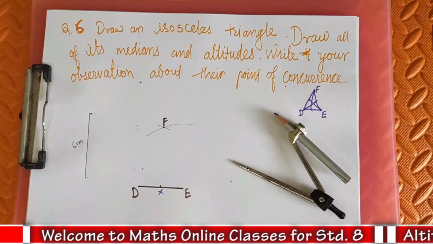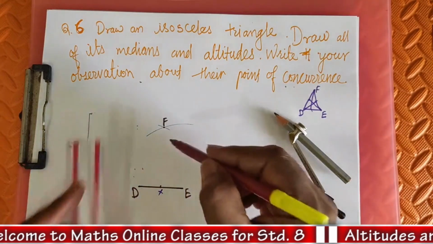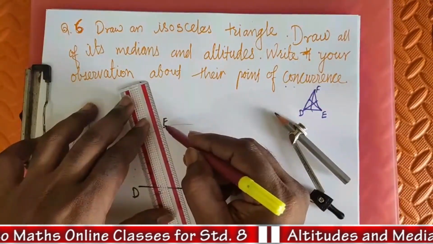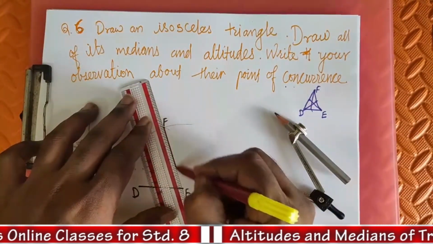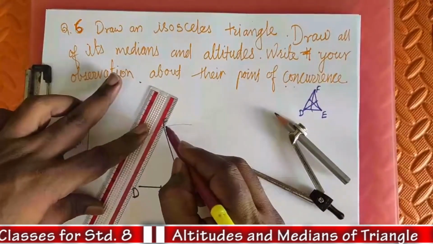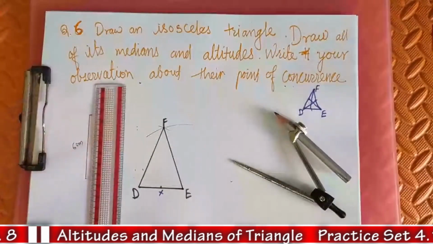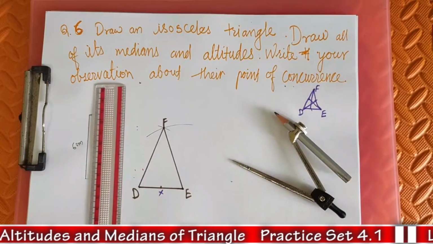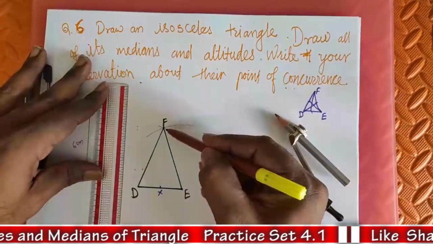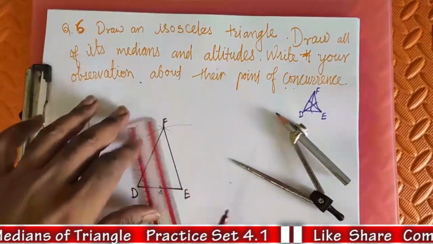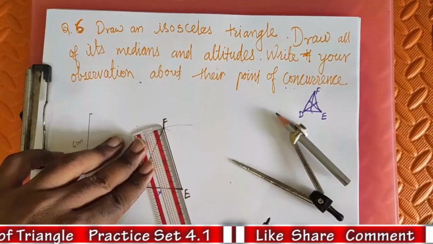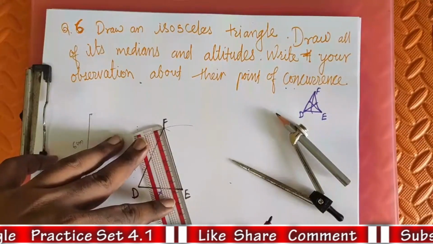Join point FE and FD. As we know that segment FE is 6 centimeter, this distance is 6 centimeter.